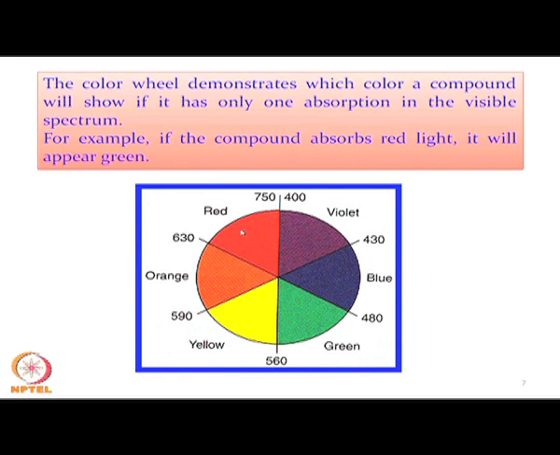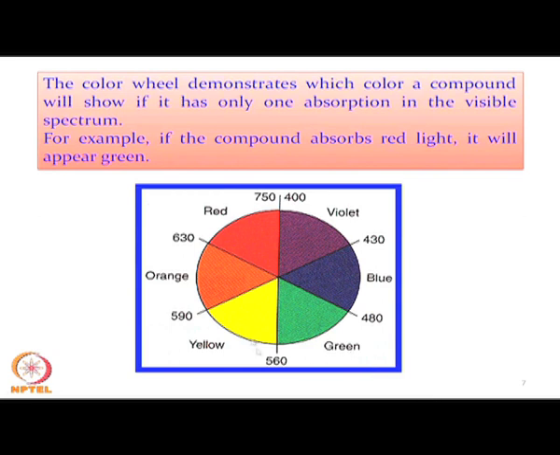but the absorption, the energy range, the corresponding separation, the delta E value, we can calculate from the corresponding values in this particular range. That means 630 to 750 nanometer is basically a 120 nanometer range.